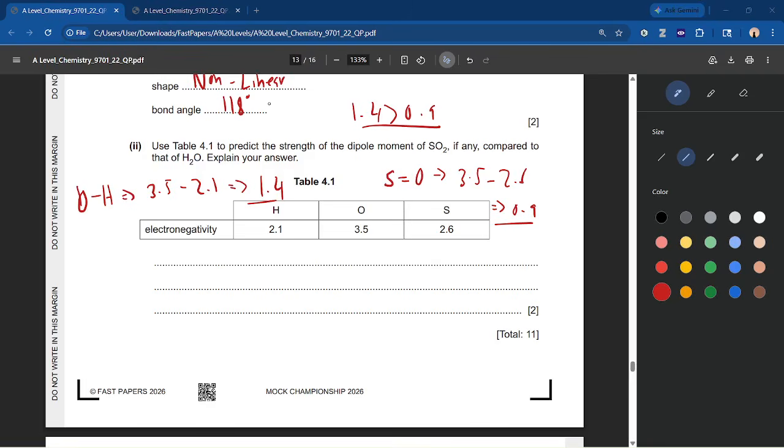So as a result, you're going to mention that SO2 has the weaker dipole moment, as the electronegativity difference is less.